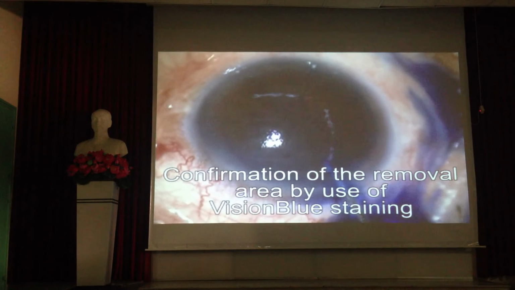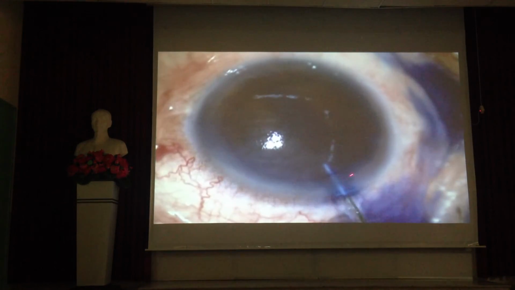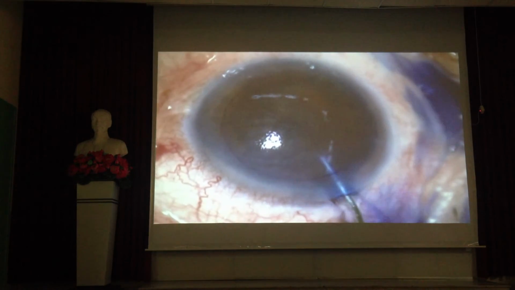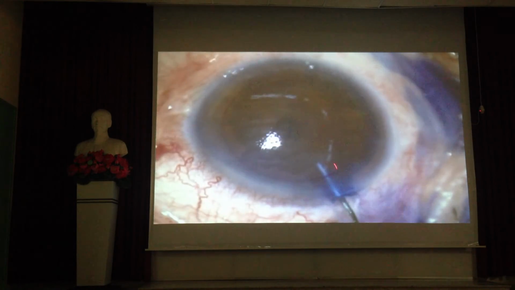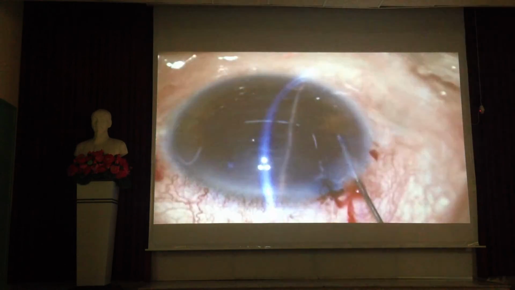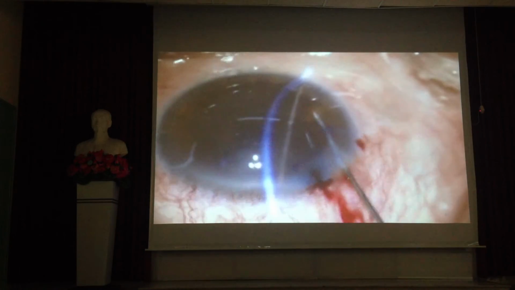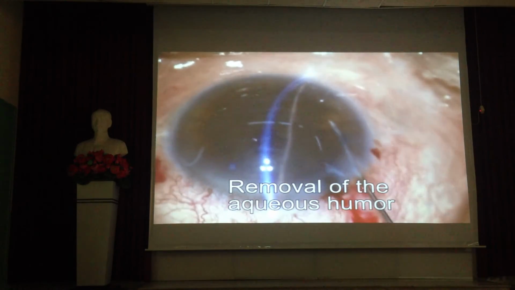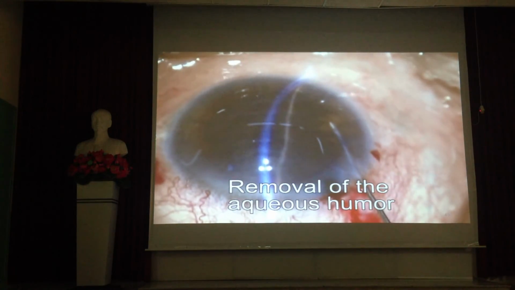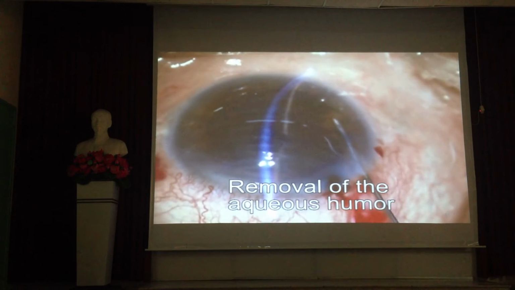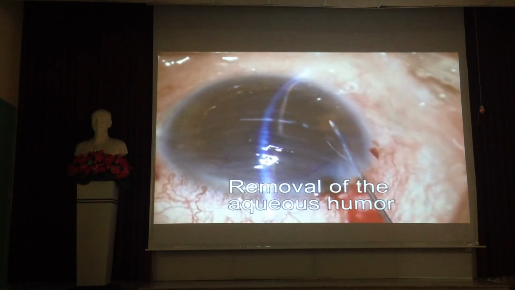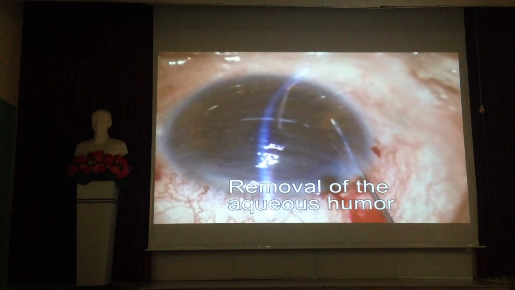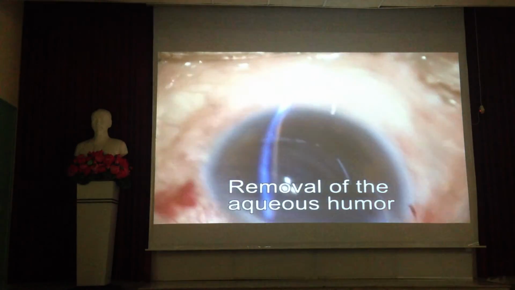After the staining, I made one suture here with 10-0. So you can get some feeling of where I removed. And then I draw out all the aqueous humor, and inject the cultured endothelial cells in combination with a Rho kinase inhibitor.